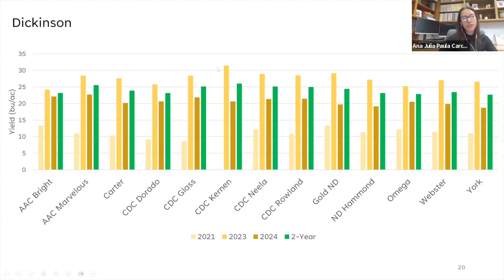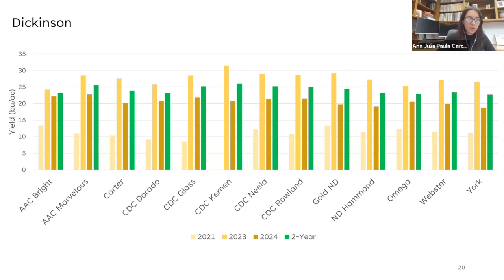The table includes the data from 2021, 2023, and 2024 in different shades of yellow, and the 2-year average in green. When we are comparing, we can see if the data from 2024 was really similar to the 2-year average, or if something in this year's weather was really different. It helps you evaluate if the trend that you're seeing is constant or not.